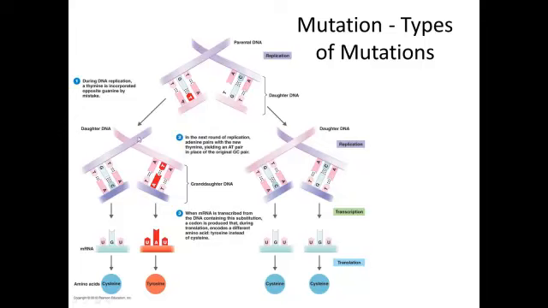Now over here, we'll say that this mistake wasn't perceived and it wasn't fixed. So in the next round of divisions, this new cell gets the previous DNA. There's no mutation. The mRNA still codes for cysteine. But in this cell line, the A gets hooked up with T, as it should be, and it codes for tyrosine.